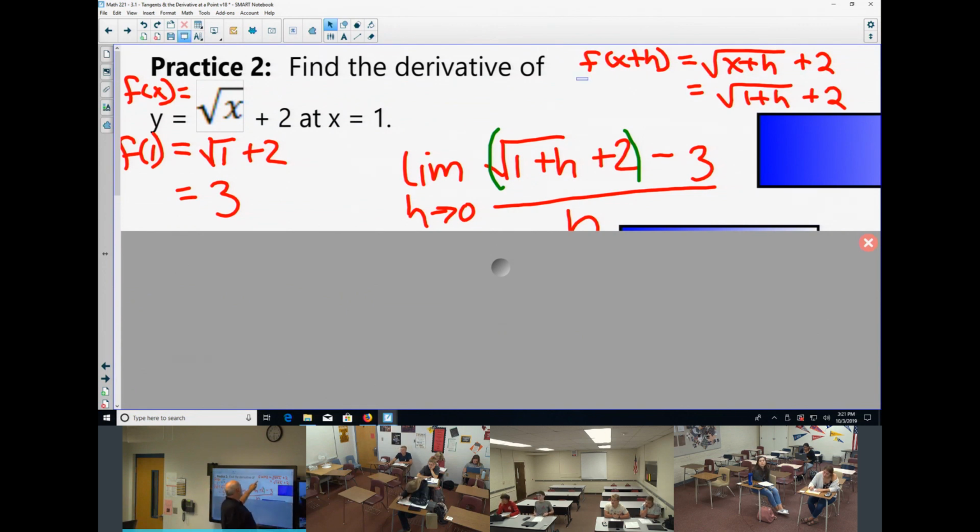So the f of 1 plus h, you plug that into the function, so you get radical 1 plus h plus 2, when you plug in the 1 for x. Okay, so now, any questions on the f of 1 plus h or the f of 1?